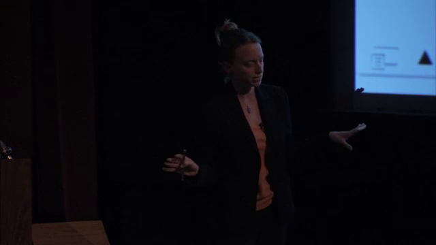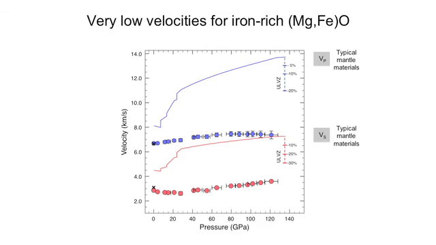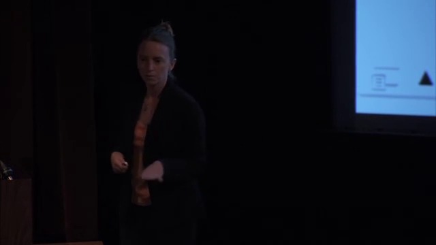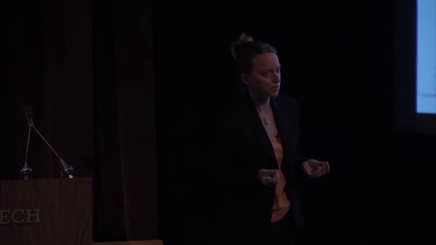So this is a solid phase that is characterized by extremely low vibrational properties. And if we heat this up, it probably will get even lower. So we probably only need a fraction of this material to explain the seismic observations.